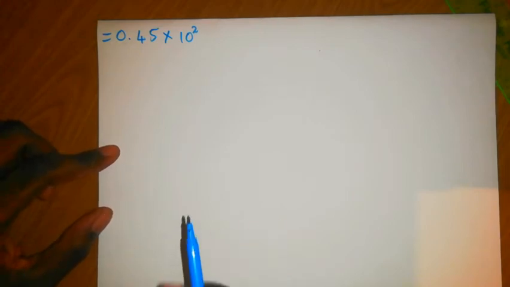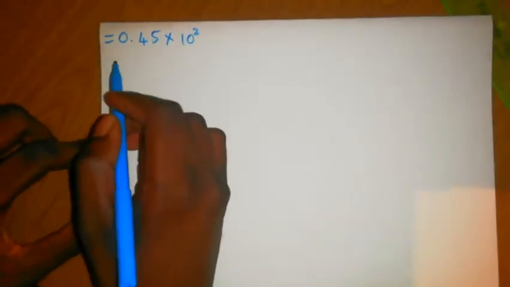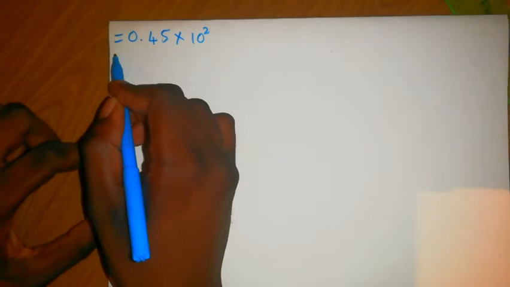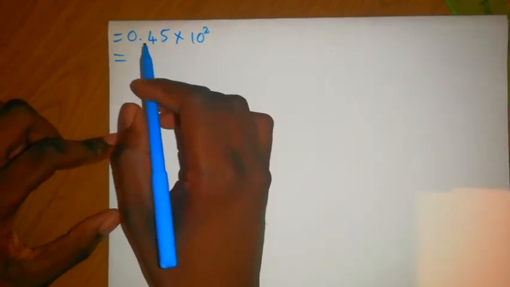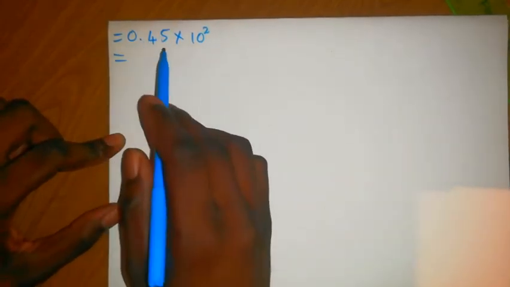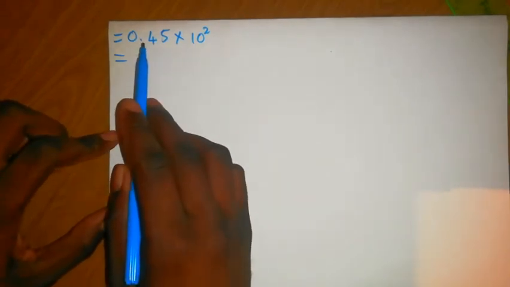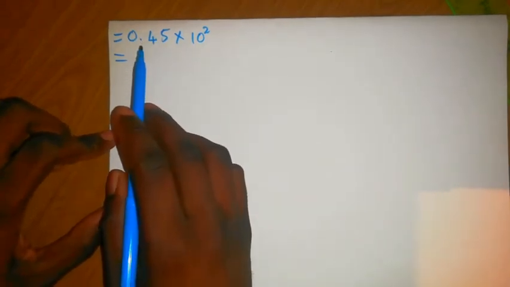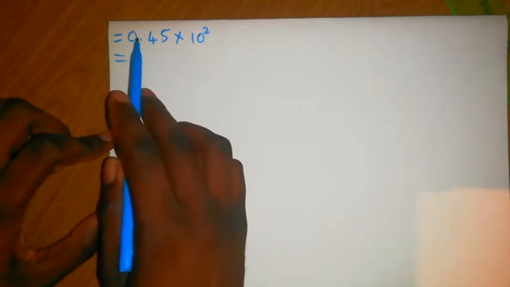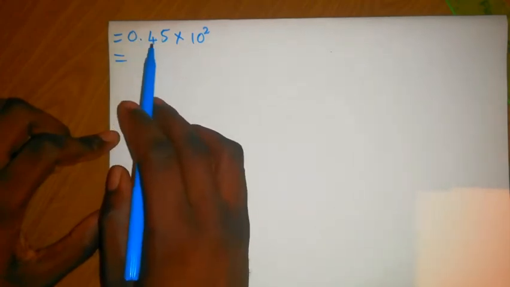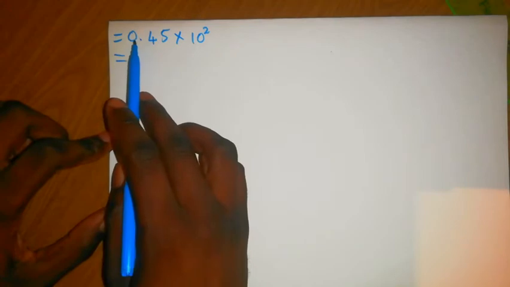Now, I'm supposed to be in my standard form, where numbers range from 1 to 9.9. So that one is supposed to be in standard form. My comma is supposed to be in between 4 and 5. So since this is an abnormal number, I'm supposed to count how many times that comma will move. It's going to move one time.